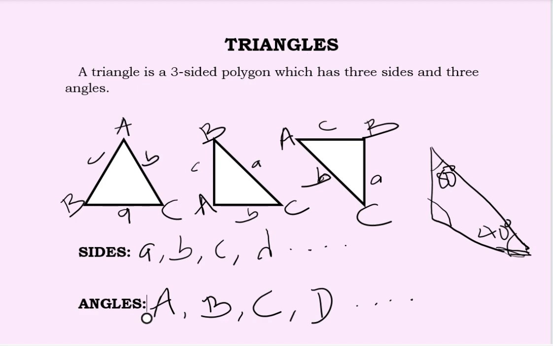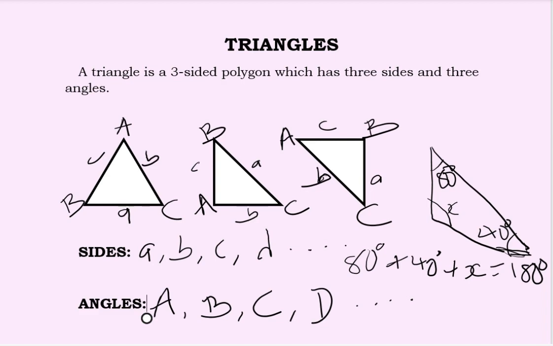Don't forget, the total of the angles in a triangle is 180 degrees.